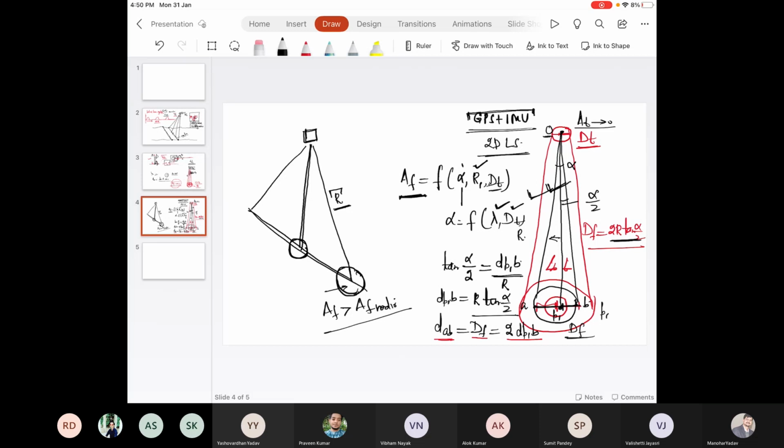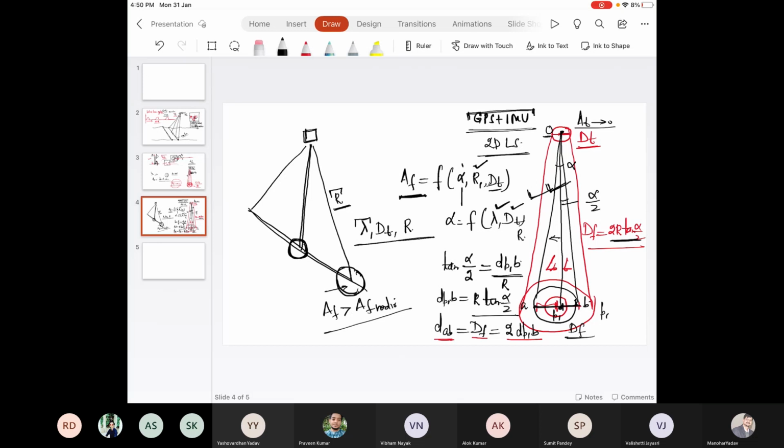During operation, which one is the variable parameter out of these three: lambda, dt, and the third parameter R?